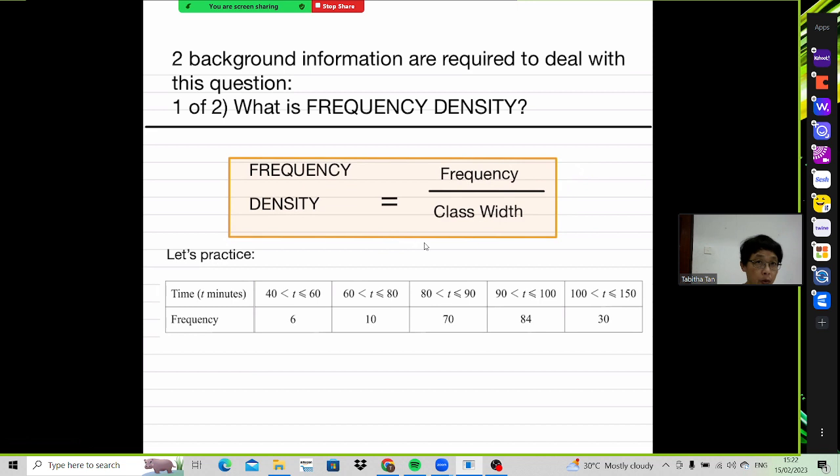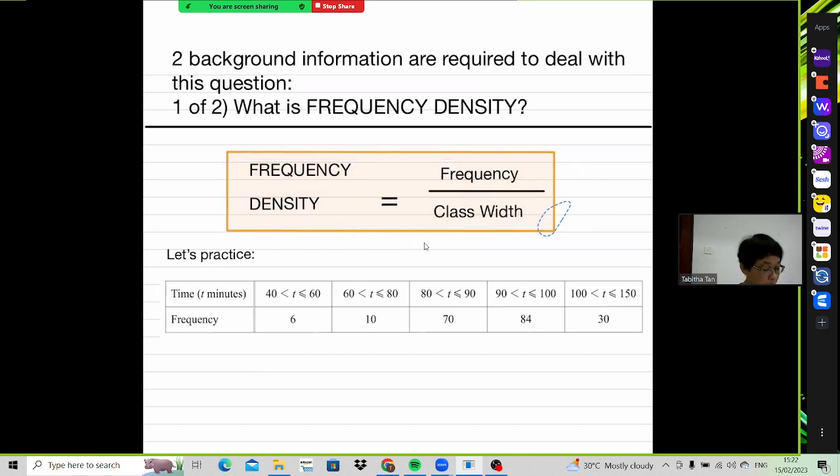It is quite straightforward. It is very simple, and let us get ourselves acquainted with it and able to remember it. Frequency density equals frequency divided by class width. I repeat, frequency density equals frequency divided by class width.